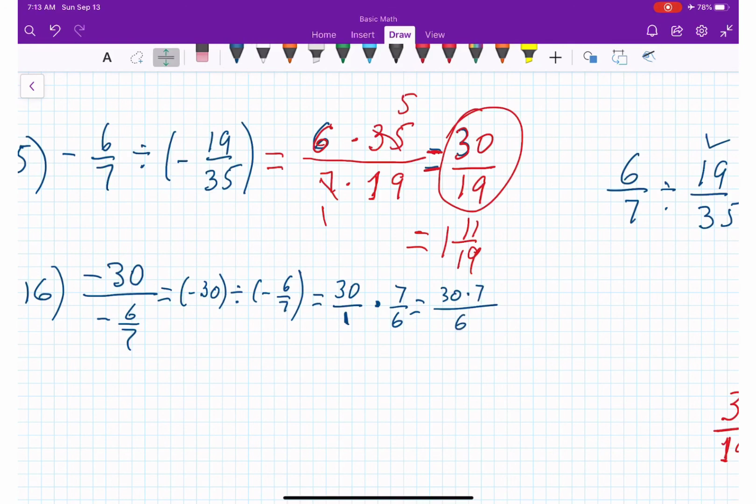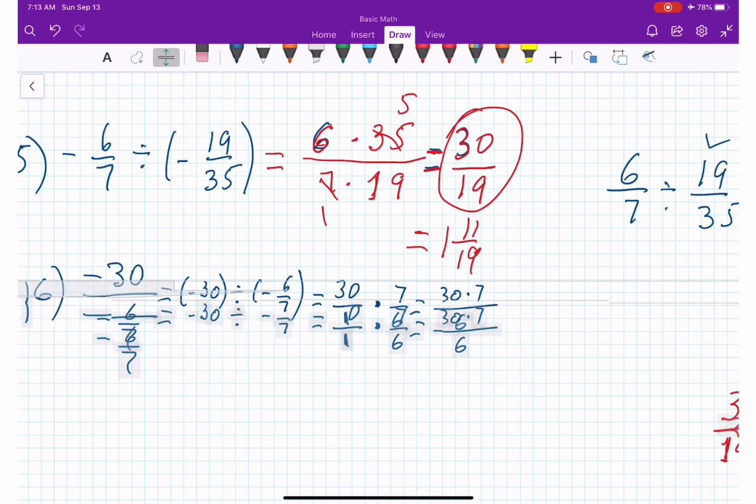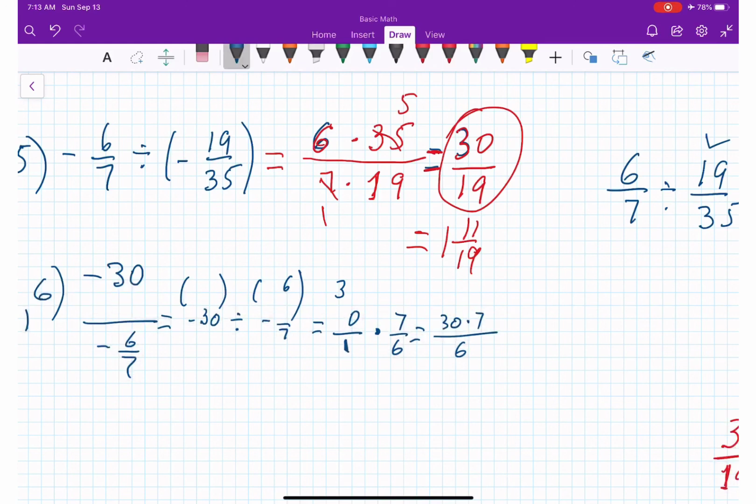Okay? So if I reduce 30 and 6 by 6, 6 becomes 1, 30 becomes 5. So the answer we are getting is 5 times 7, and underneath is 1, which is going to be 35.